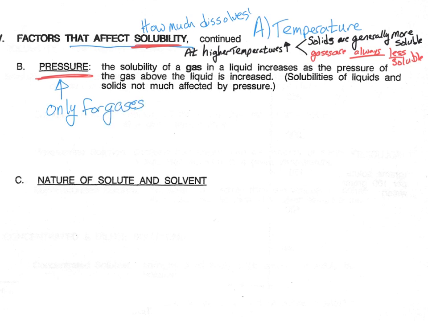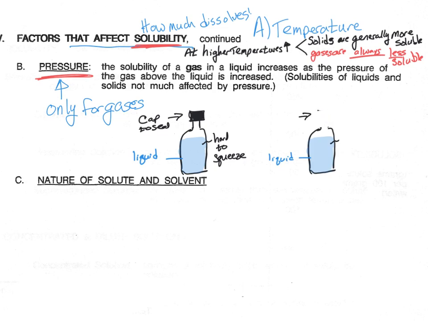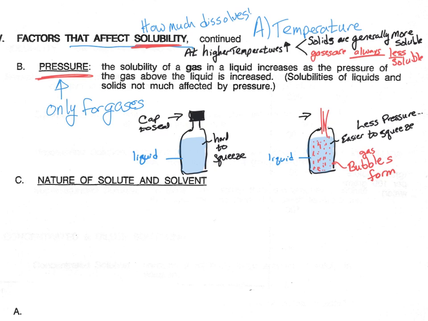The easiest place to observe this is with a 2-liter bottle. When you have a 2-liter bottle of soda, you'll notice that it has a lot of pressure. As you try to squeeze it, it's very hard when it's filled with the soda and it's sealed. But what happens when you release that pressure and take the lid off of the soda bottle? You should notice that a whole bunch of bubbles start to come out.